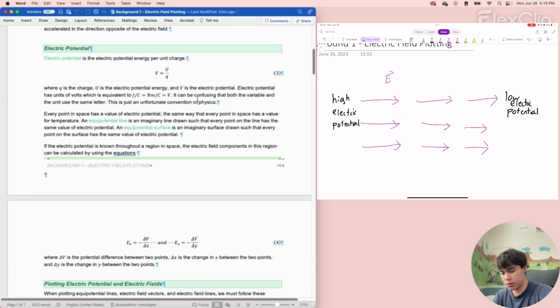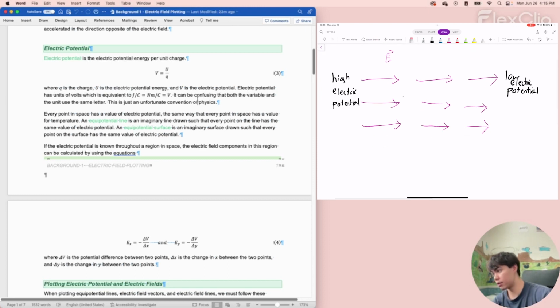So we're given this equation, E, relating electric fields and electric potential.